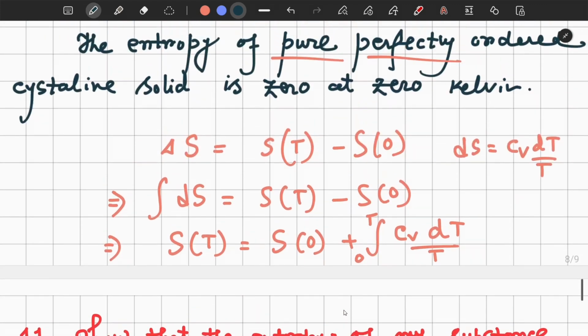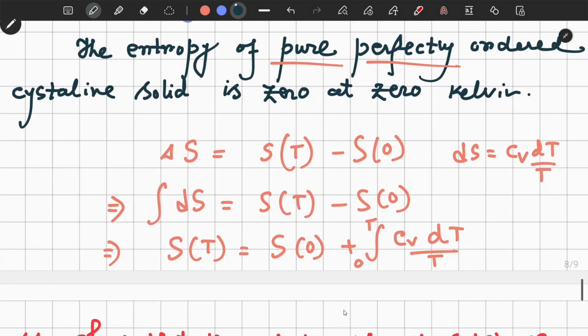One thing you may ask is that this dS you can write as Cp dT by T as well, right? But in case of Cp, there was pressure. So which one should you write, Cp or Cv? That depends on whether it is a constant pressure or constant volume process.